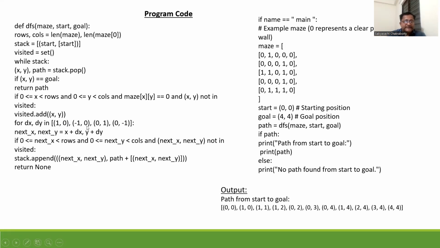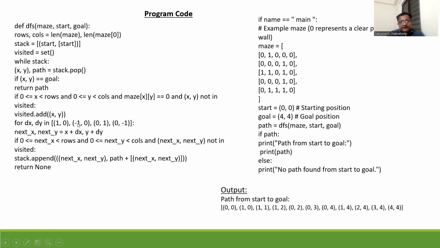So minus 1, 0 is backtracking along the X axis, and 1, 0 is a forward movement along the X axis, keeping the Y value constant. It means the row increases by 1 with the column fixed. Minus 1, 0 means the row decreases by 1 with the column fixed.